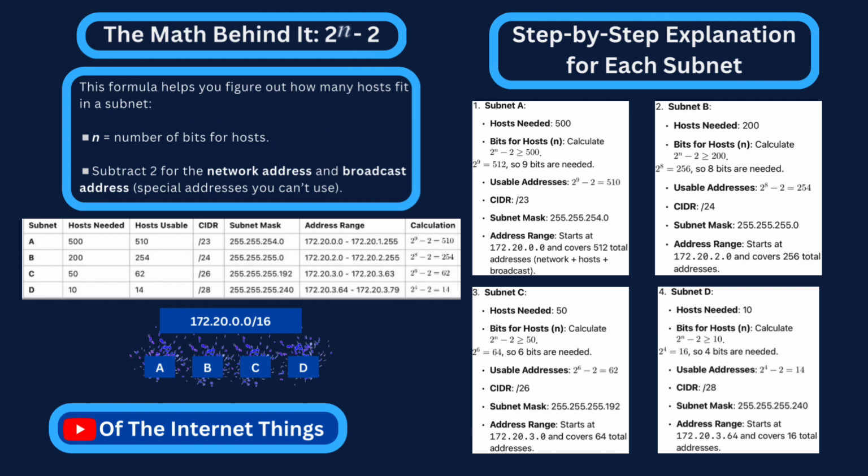Subnet A needed to support 500 hosts. We used a /23, providing 510 usable addresses, 172.20.0.0 to 172.20.1.255. Subnet B required 200 hosts.